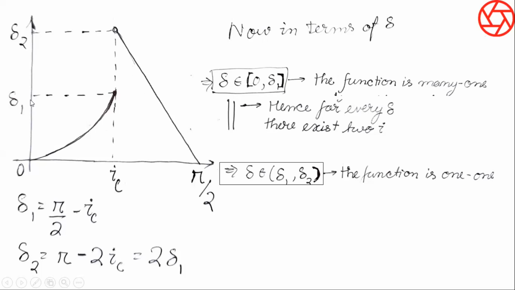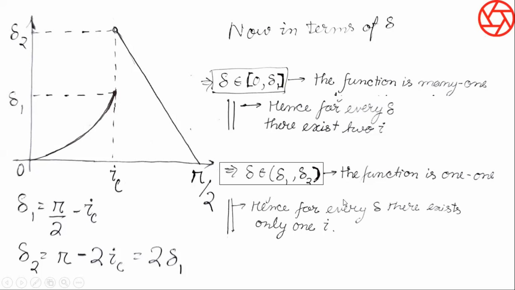Once again, I'm repeating, in the interval of delta 1 to delta 2, there is only one I for every delta, as you can see here. Whereas in the interval of 0 to delta 1, there are two I's for every delta or angle of deviation. So here there is only one I existing for every delta.